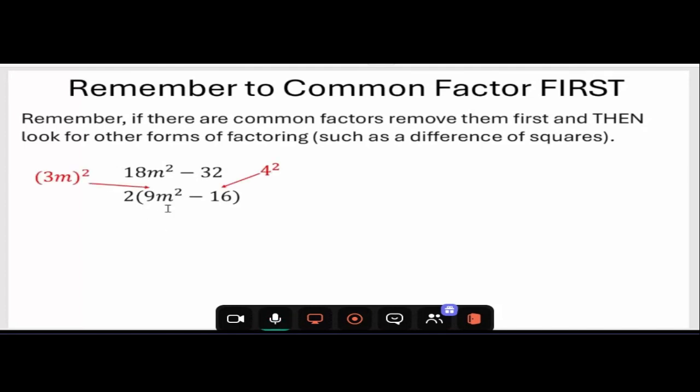Wait a minute. 9m squared is a perfect square because 3m times itself, right? 16 is a perfect square because 4 times itself. So once you common factor, you actually have our a squared minus b squared pattern. So the 2 stays there, the 2 doesn't go away, but now factor everything that's left behind like that.